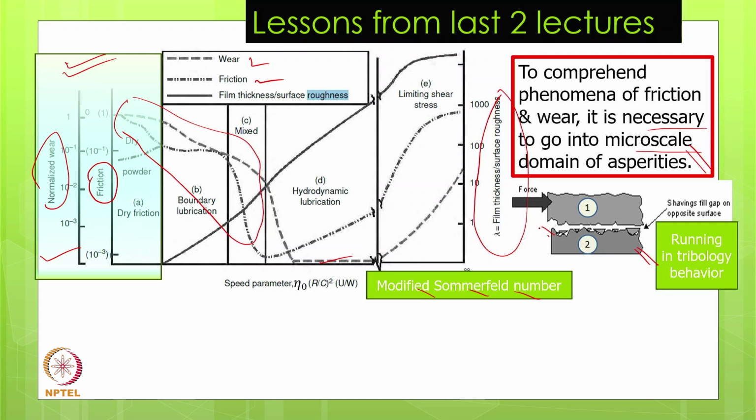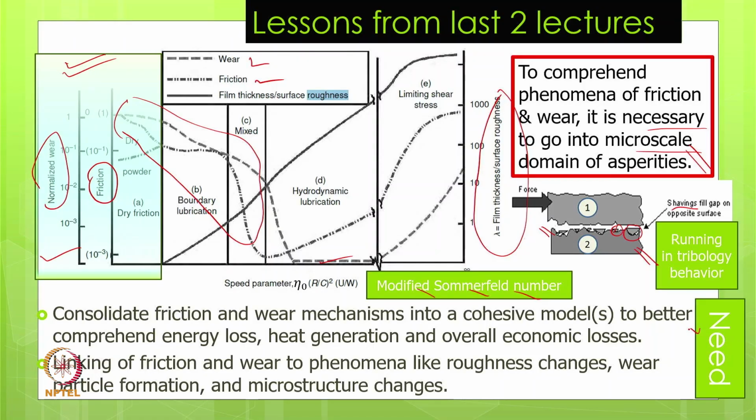After running-in, it is quite possible that the surface will leave some asperities, or we say shaving of asperities will happen, and it can fill the other surface's gaps also. So it can smoothen the surface, reduce the surface roughness, and improve the friction performance and wear performance. This was discussed. Now, what we understood, and what does it really need?